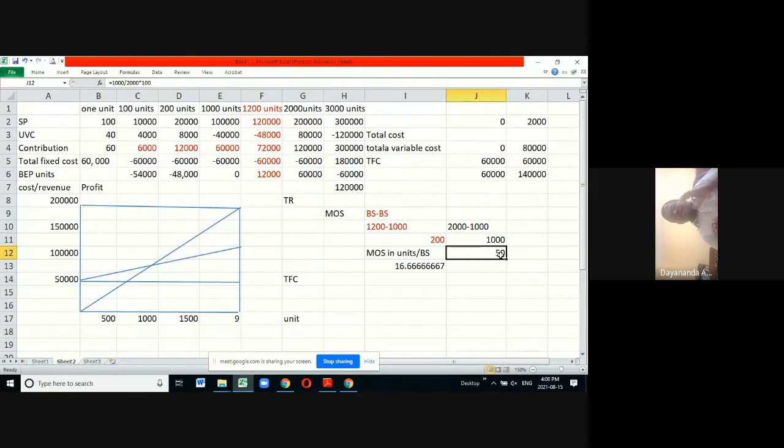So what I'm trying to say is that if you calculate the margin of safety for your business, it indicates the degree of sensitivity towards the competition. The lower the ratio, the higher the sensitivity. I think you can remember this classic example.